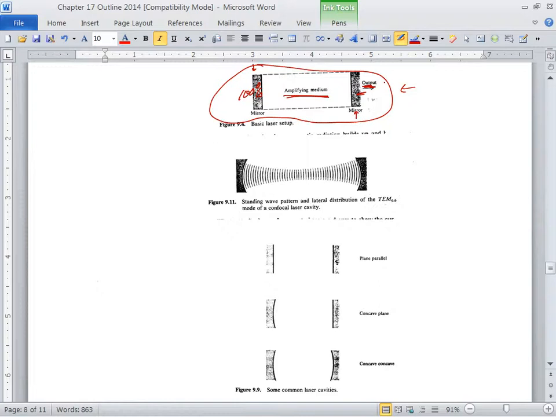They really didn't care, because the output needs to be so many milliwatts if you're going to sell it, and if you're losing some on the back end, it's not 100% reflective. It's cost prohibitive for them. They make more money if they use a partially reflective one. But one of those needs to let out a lot of light, like 20, 30%. And we saw that. This end was a lot brighter than this end. But the books very often say 100% reflective on one end, and you can see in practicality that's not exactly the case.